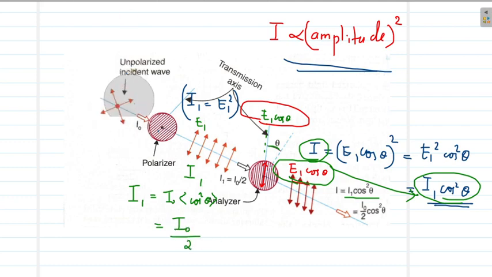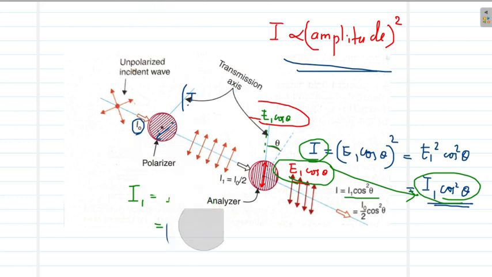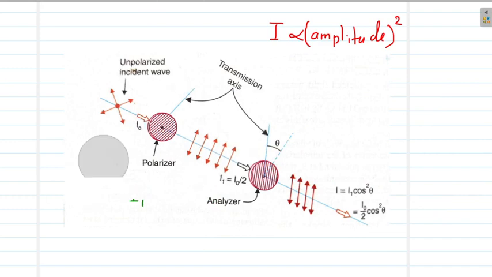So if the incident ray has an intensity of I0, upon transmission through a polarizer, it will have an intensity I1. It will be plane polarized with its plane of polarization parallel to the transmission axis, and I1 and I0 are related as I1 equal to I0 by 2. Now when this plane polarized light meets with an analyzer, I1 is its intensity, which is equal to I0 by 2, where I0 is the intensity of the initial unpolarized light.